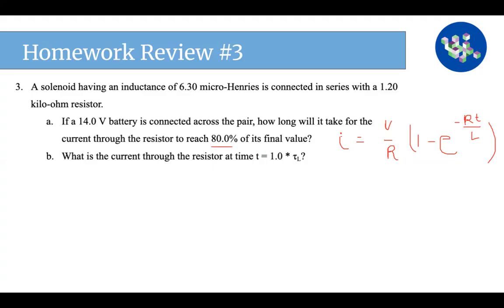So we simply say that 1 minus... the current at time t has to be 8 tenths times the value at time 0. But when time is 0, the current is proportional to 1. So we can solve this.